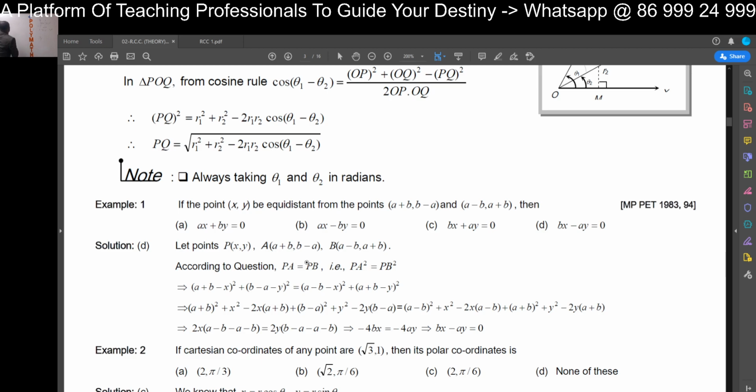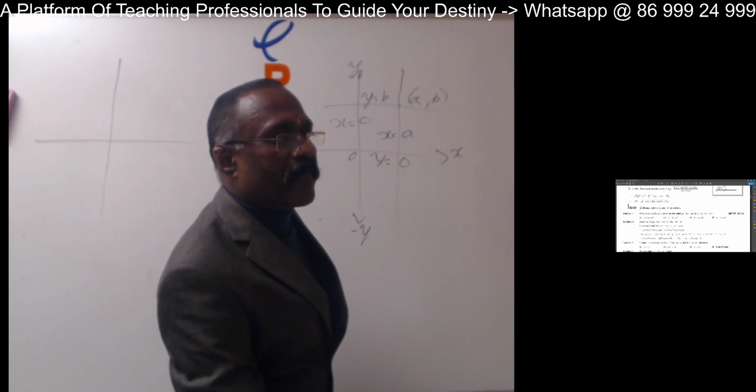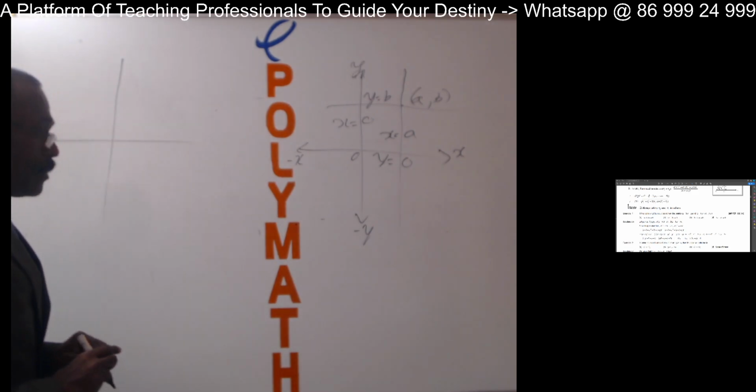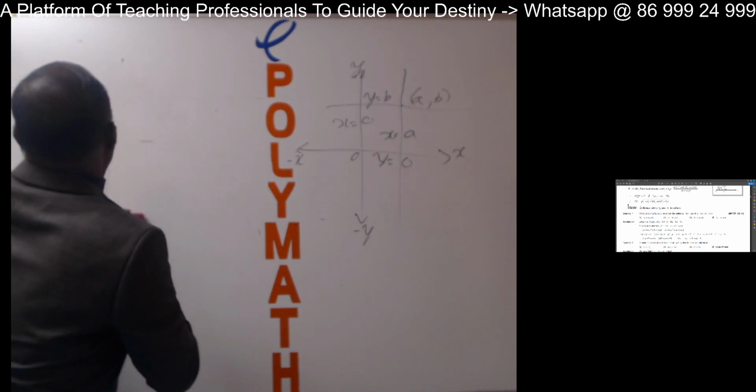See, let me take another example. I will choose such points that are equidistant from two given points.